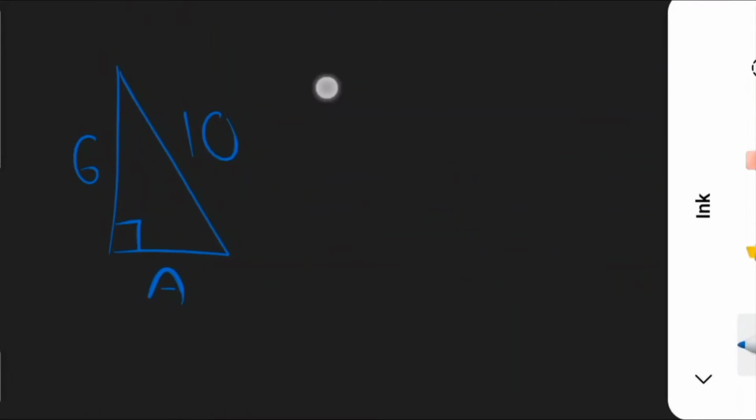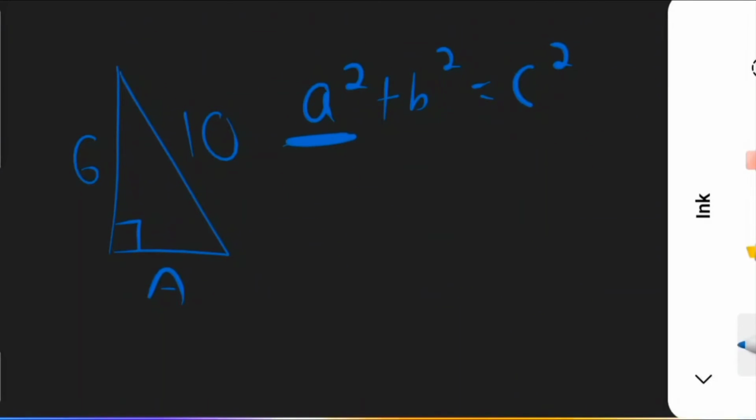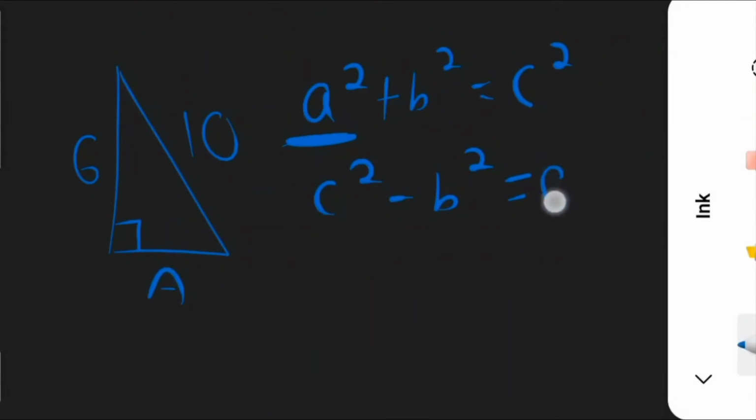So we'll just have to rearrange the equation. a squared plus b squared equals c squared, but we need to solve for a. So we take c squared minus b squared to equal a squared. So 10 squared minus 6 squared equals a squared.